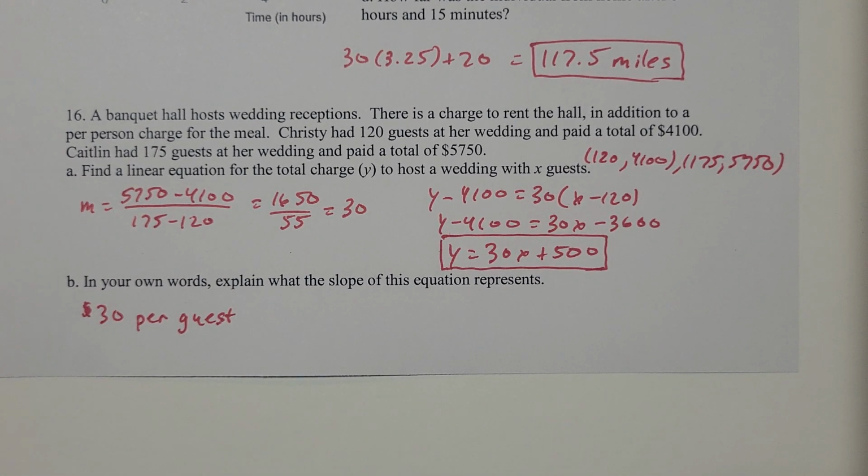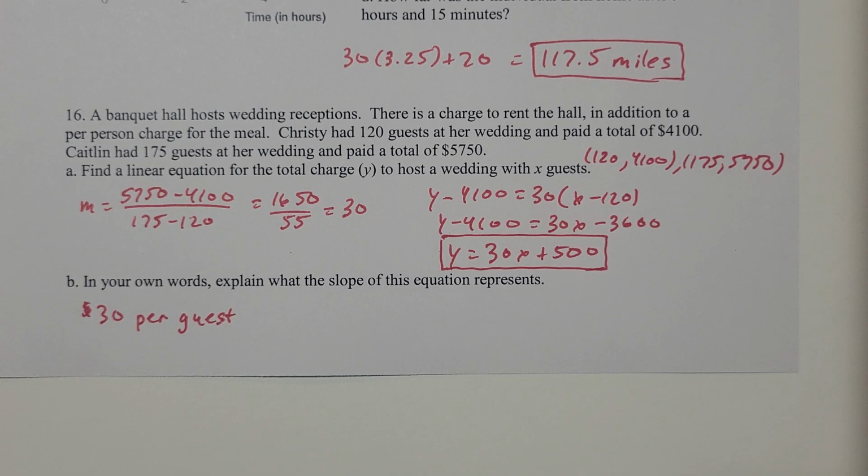Problem 16 is where it says that a banquet hall hosts wedding receptions. There is a charge to rent the hall in addition to a per-person charge for the meal. Christy has 120 guests at her wedding and paid a total of $4,100.